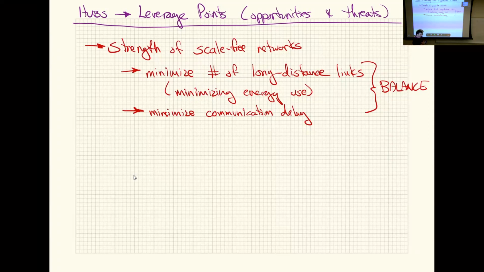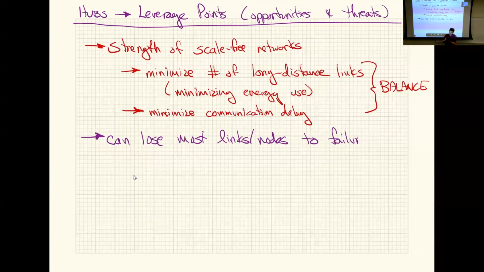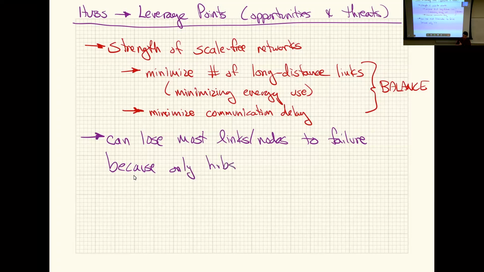And what's nice about that is that we can lose most links or nodes to failure, because only the hubs are really important for global function.